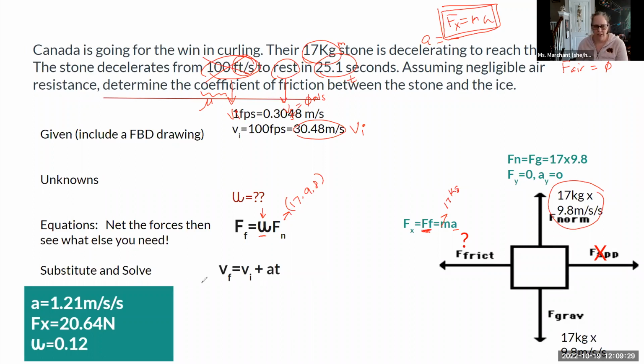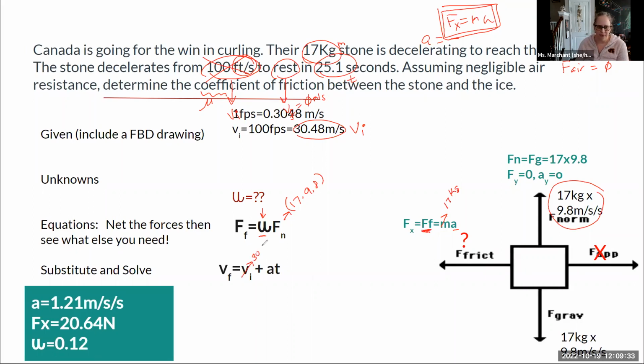V final equals V initial plus A T. My V initial is 30.48. My velocity final is at rest, so it's 0. I don't know my acceleration. My time is 25.1 seconds. So I can solve right now, and I get an acceleration of 1.21. Where can I put that back in? Go and look at what other equations you have.